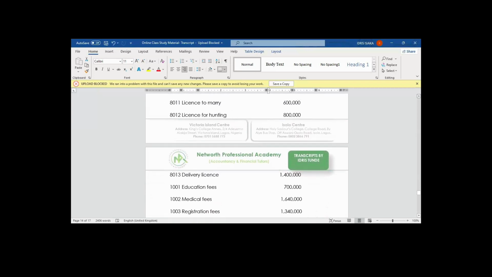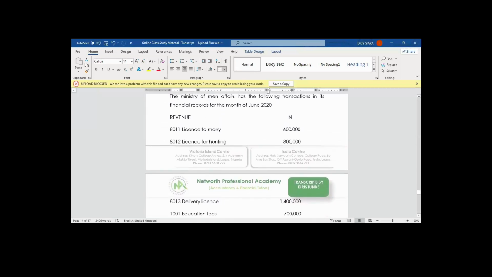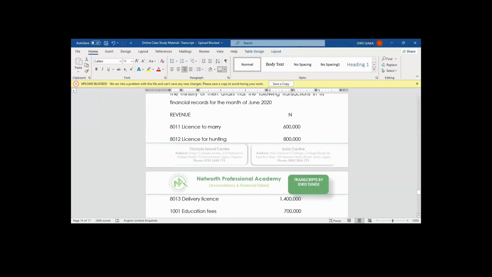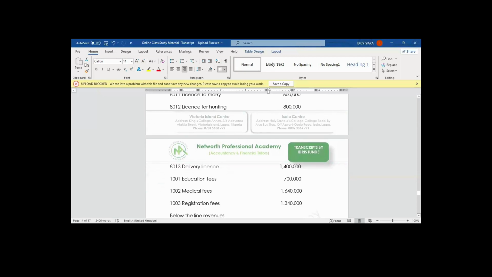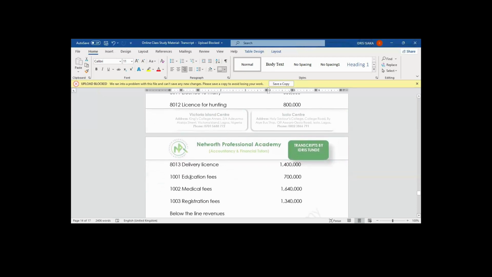Go back to this above the line revenue. When you look at their heads, 8 and 10 are their heads for this above the line revenue. 10 has to come before 8 because 10 is lower than 8. So when you are doing your solution, you start with head 1001 education fee, head 1002 medical fee, head 1003 registration fee.